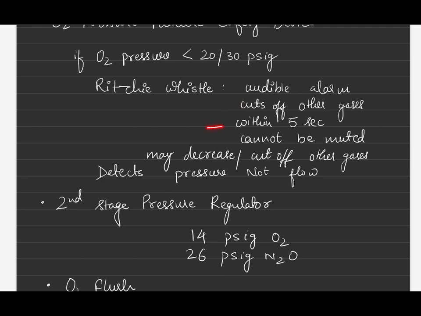It starts within 5 seconds, and what we have to remember is that it cannot be muted, and it is a good thing that it cannot be muted. So it decreases or cuts off other gases. As we have already discussed, oxygen pressure failure devices only detect pressure, not flow.